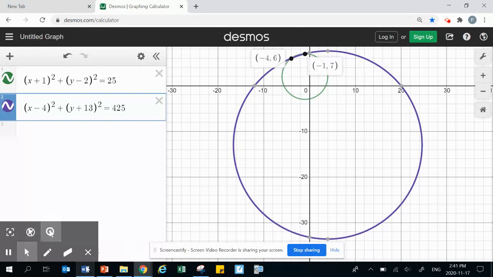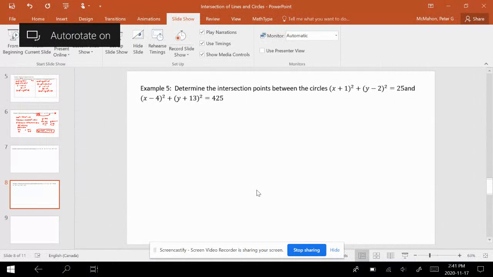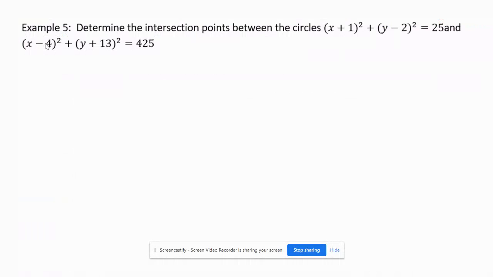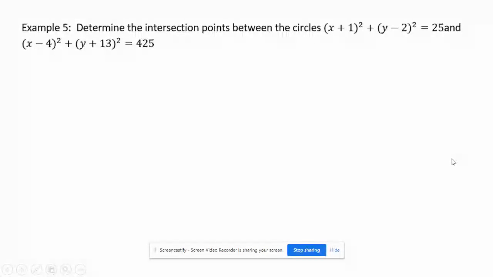Now, algebraically, how this is going to work is we need to solve this one by elimination. Elimination is going to work, but first what we need to do is expand out both these equations. So for circle number 1, we get x² + 2x + 1 + y² − 4y + 4.